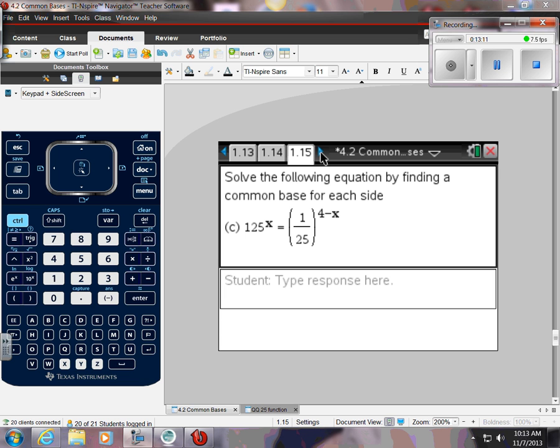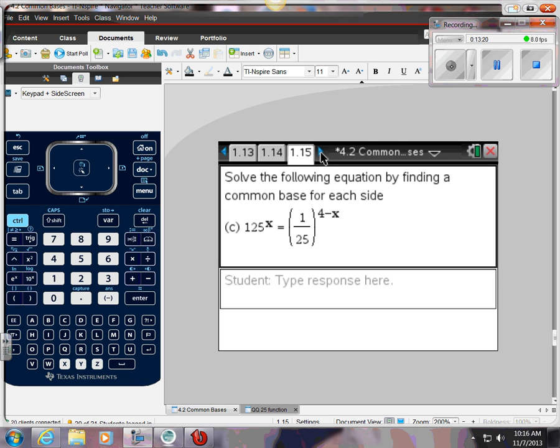Go ahead and try C. We need to find a common base. 25 over x, or 125 raised to the x, what should our base be? 5. 5 raised to the third.